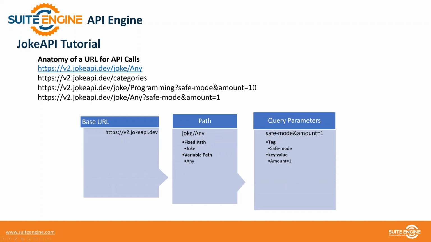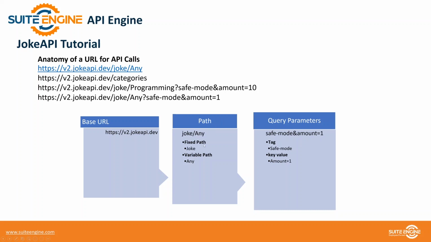If we look at these 4 URLs, you can see that they always start with this base. So essentially, we call that the base URL. And then they have a path. So joke/any, categories, joke/programming, joke/any are part of the path.